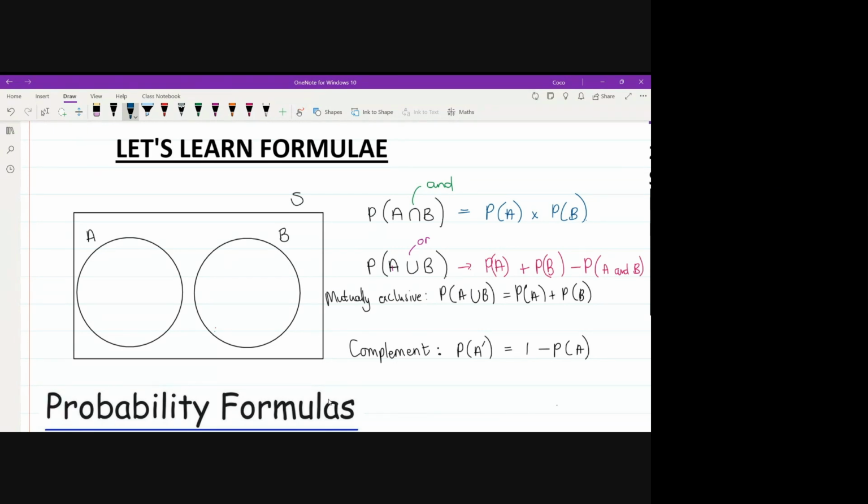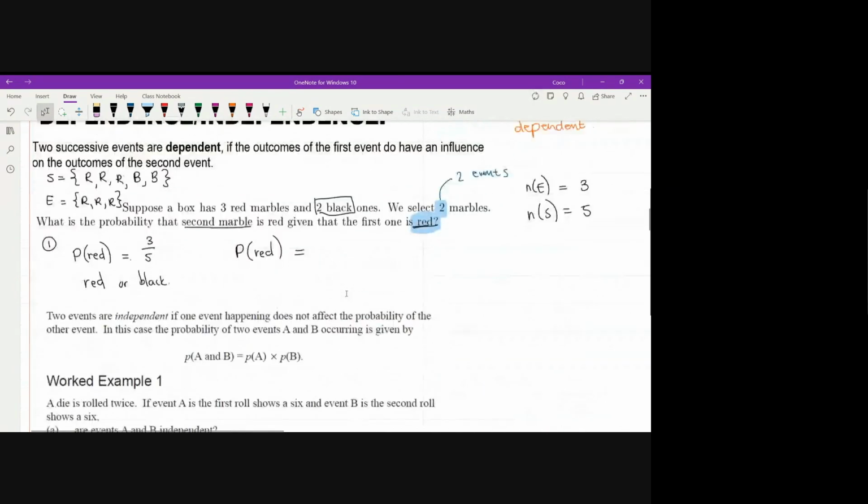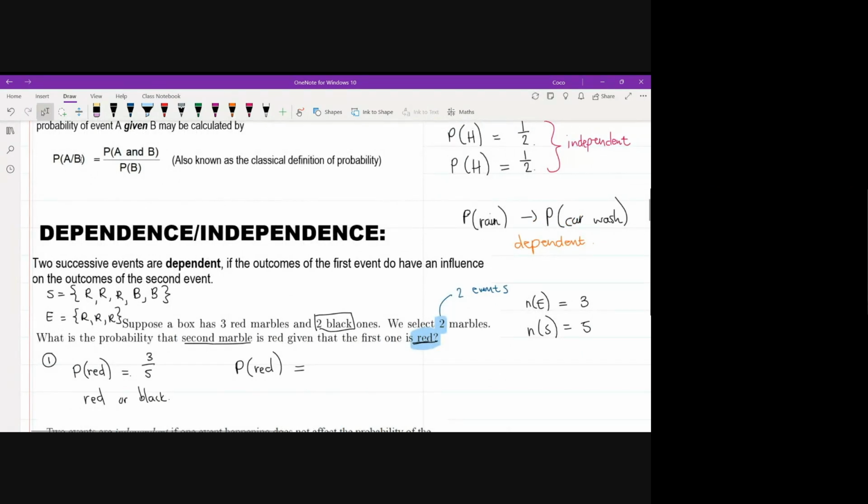Okay, now let's go back to the question at hand. Remember that conditional probability tells us that if we want the probability of A given that B has happened, so we want the probability of the second marble being red given that the first one is red, we're not going to be able to do one after the other.